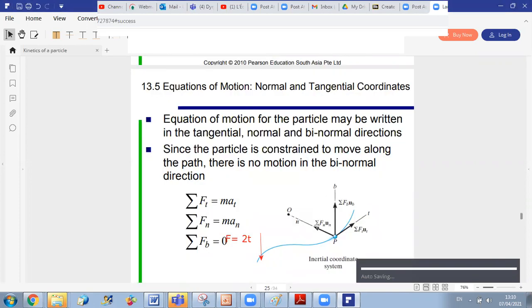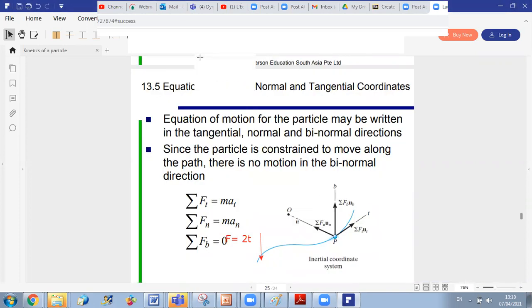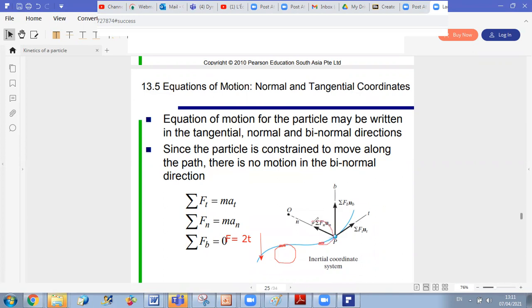At any position P, you can consider that I am moving on a small arc of a circle. So let's say when I am here, I was moving along this circle. When I am here, I am moving along the arc of another circle, and at each location, of course, I have a certain radius of curvature. Now what is un and ut? At any location, un and ut is the plane of the circle.